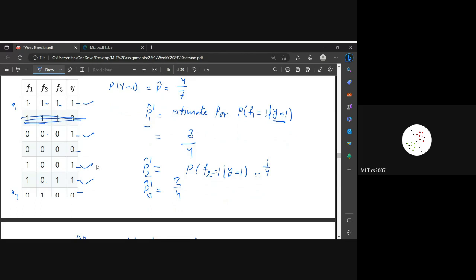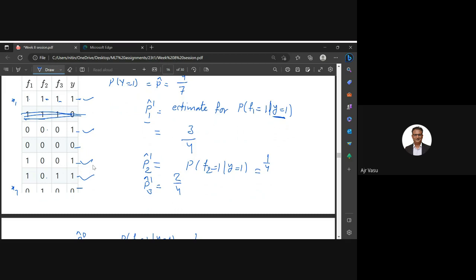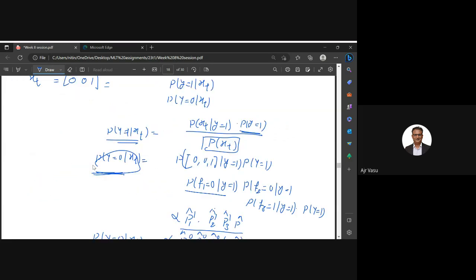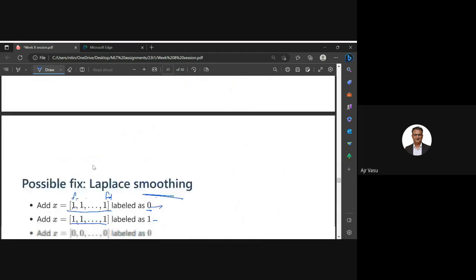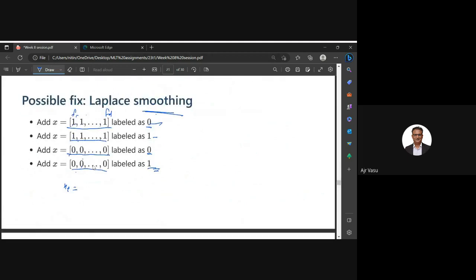We can generalize it; otherwise, we'll go back to this example. Let's say there are n1 spam emails and n2 non-spam emails, and there are 4 features, and each feature takes values 0 or 1.